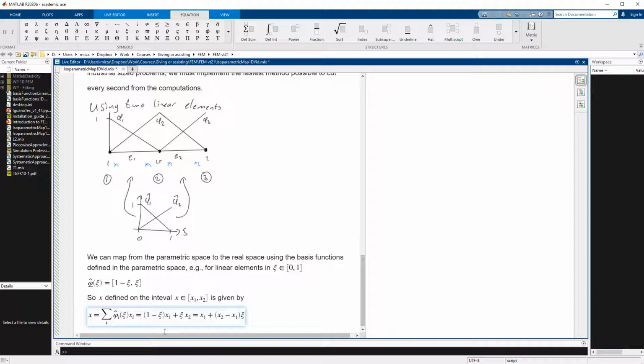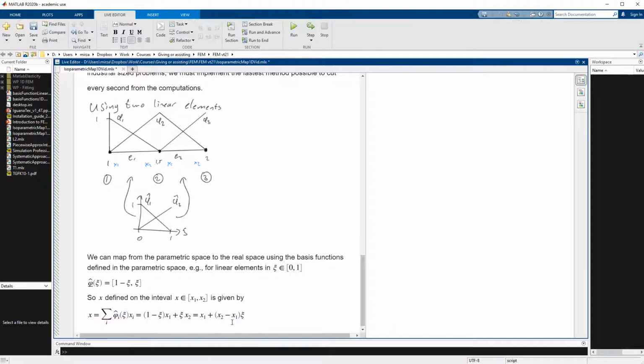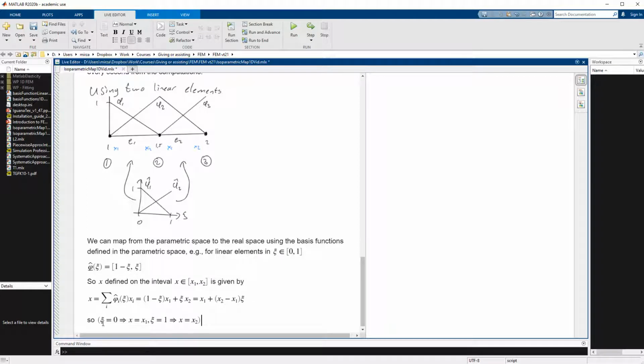If we do this operation, we can see that we have x1, and then we're just linearly interpolating this range x2 minus x1 using xi. So really nothing special. What happens now if we insert xi equal to 0 and xi equal to 1? When xi is equal to 0, we just end up with x equal to x1, and when xi is equal to 1, we end up with x equal to x2, exactly what we want.